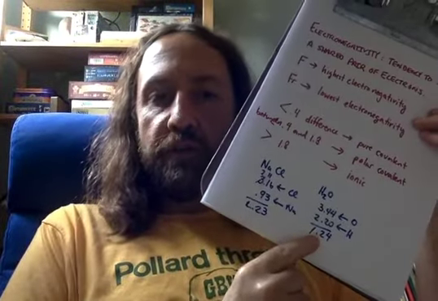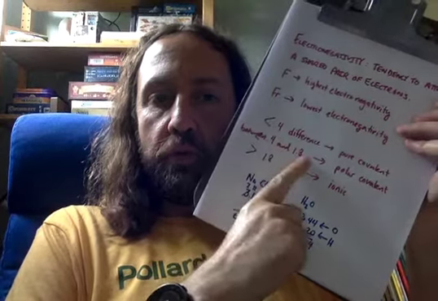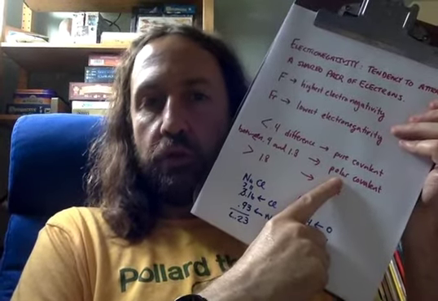Now, when I take water, H2O, and I just do one H and an O, oxygen is 3.44. Hydrogen is 2.20, so that's a difference of 1.24. That's oxygen, that's hydrogen. And so that's going to fall in between 0.4 and 1.8, so that's going to be polar covalent.